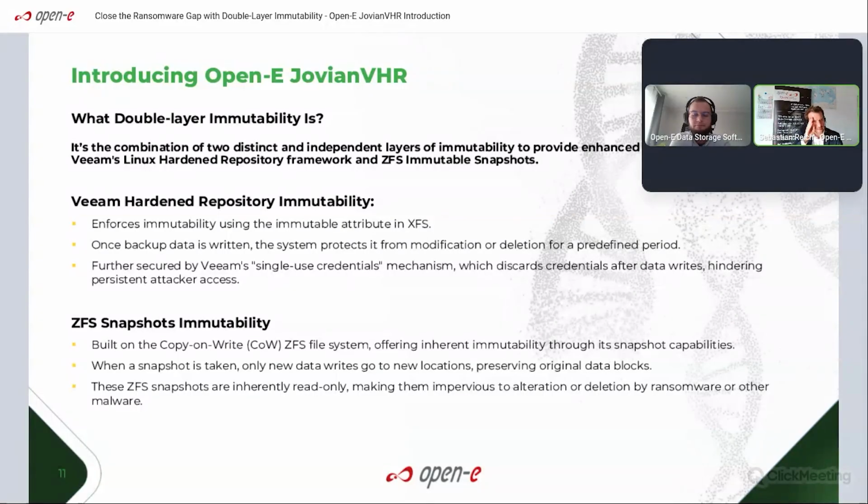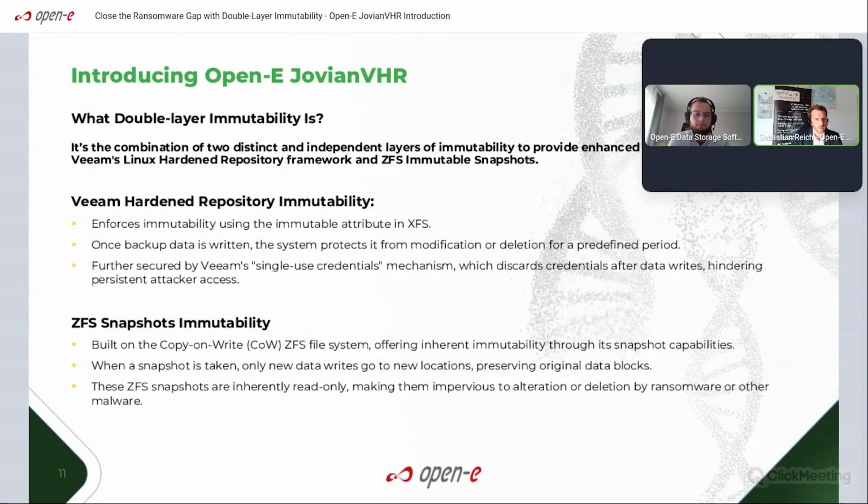Let's summarize what the double layer immutability is. It is the combination of two distinct, independent layers of immutability to provide enhanced data protection. First we have Veeam's hardened repository framework, and then we combine it with the ZFS immutable snapshots, which are provided by Jovian VHR.